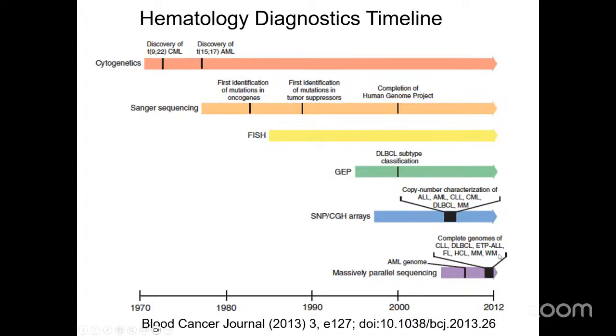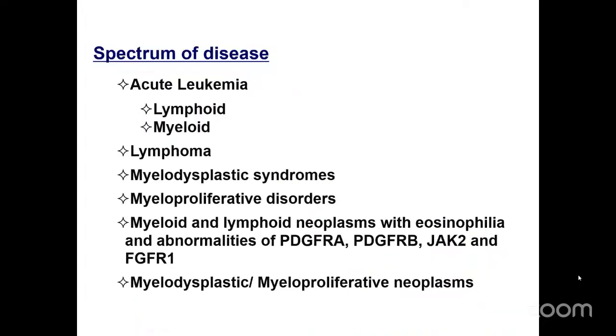Even in 2012, there was already massively parallel sequencing, like NGS, that was already there for many diseases. And from 2012 to 2025, it has progressed even more, and we'll see some of that.